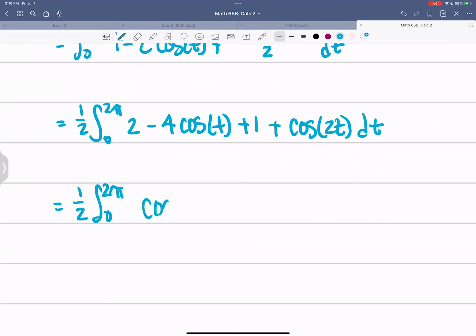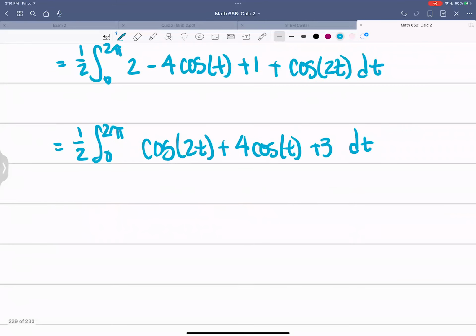We have 1/2 of the integral of cosine 2t minus 4 cosine t plus 3 dt. It's not really that tough, but we'll get through it. And here we get to integrate 1 over 2. The integral of cosine 2t is going to be sine of 2t, but we can't just write sine of 2t. It's going to be 1 over 2 sine of 2t.